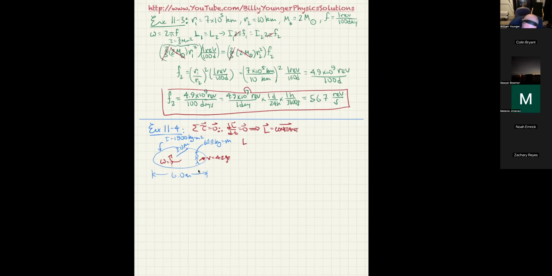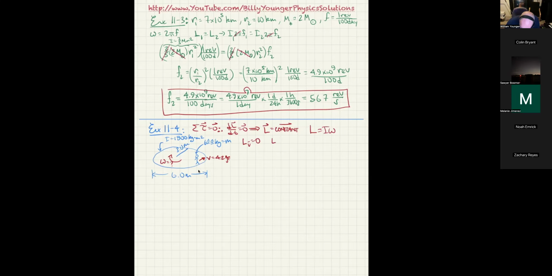What we know is L initial is equal to zero, and we also know that L is equal to I times omega, because both of these are, in some sense, revolving around an axis that is common to them. If the guy running was running around a different axis or had an angular momentum other than parallel to the one that it had, then I omega wouldn't work, but in this case it does.